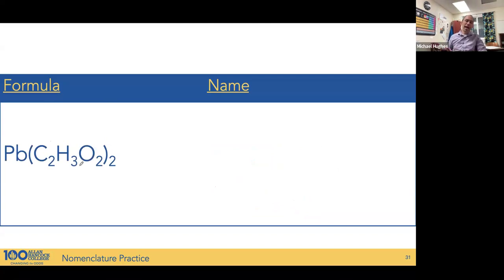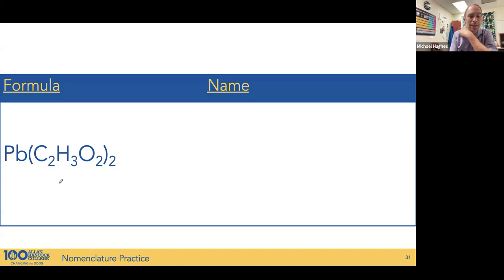Okay, so we have lead. Is there a metal? Yes, it's lead. Do we know its charge? Lead is a post-transition metal. It's element 82. We don't know its charge always. So it is found with acetate here, C2H3O2, and there's two of them.